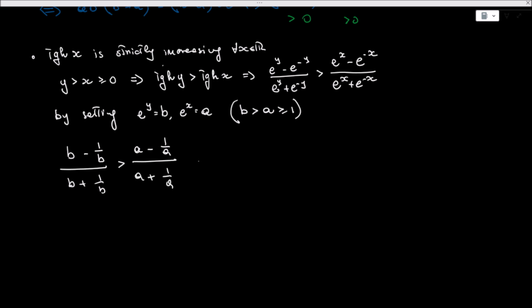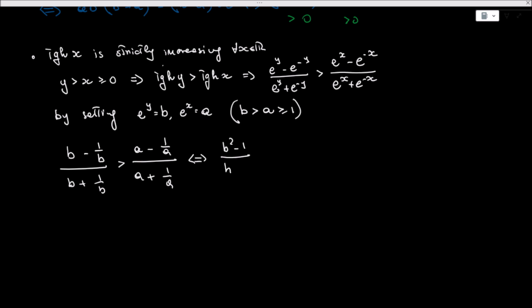And of course this is true if and only if we have (b² - 1)/b divided by (b² + 1)/b. Well, we can immediately simplify b at the denominator, right? So the left hand side simply becomes (b² - 1)/(b² + 1).